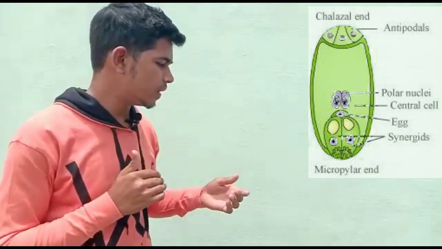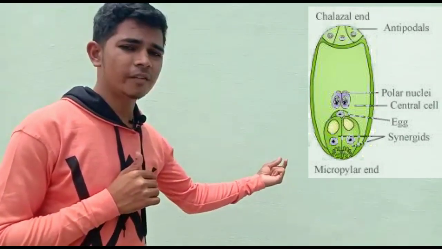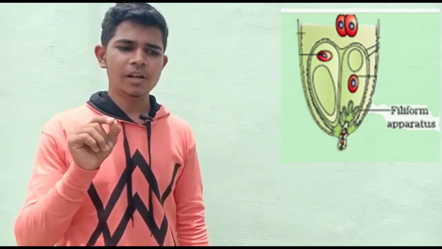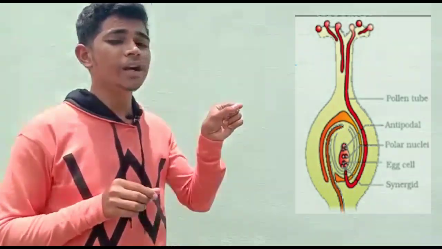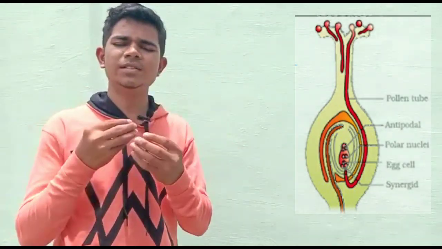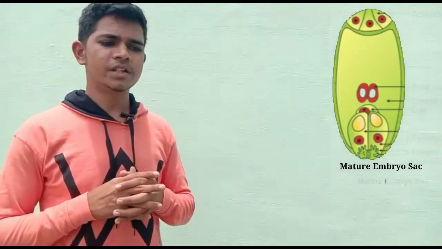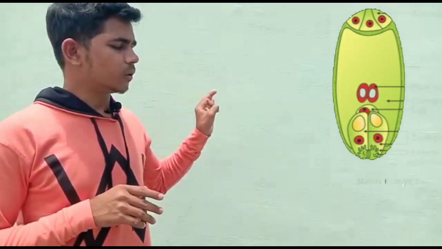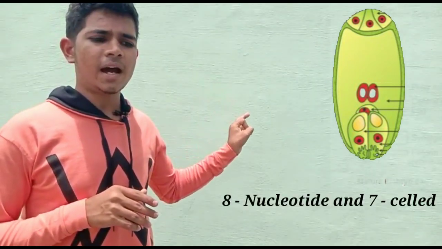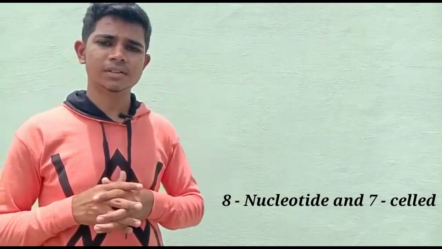At the micropylar end, there is the filiform apparatus, which helps in guiding the pollen tube in the style. The mature embryo sac contains 8 nuclei and is a 7-celled embryo sac. This is the maturation of the embryo sac.